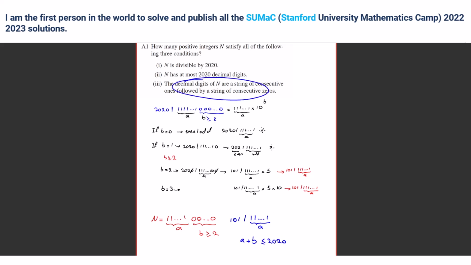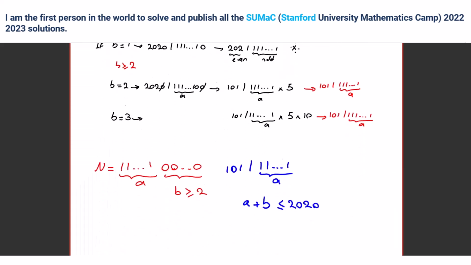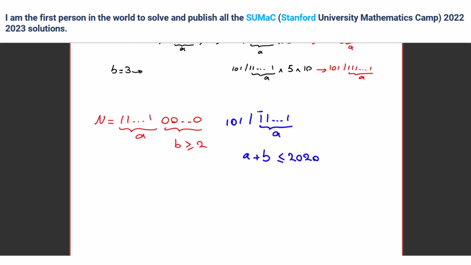Yes. The third condition is again satisfied since we consider this form. So you should find A and B that satisfy this. A ones should be a multiple of 101, A plus B is at most 2020, B is at least 2, and also we know A is at least 1.